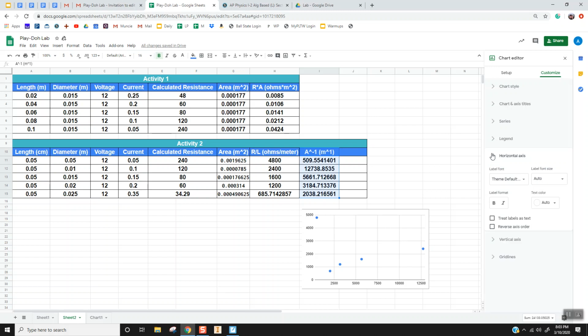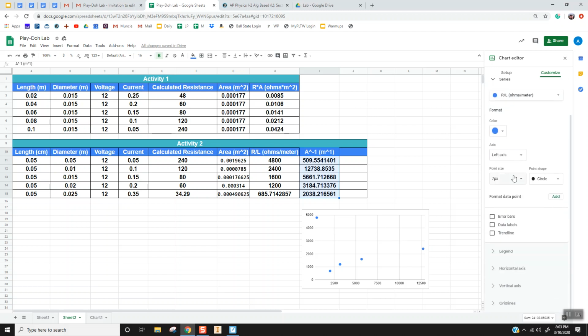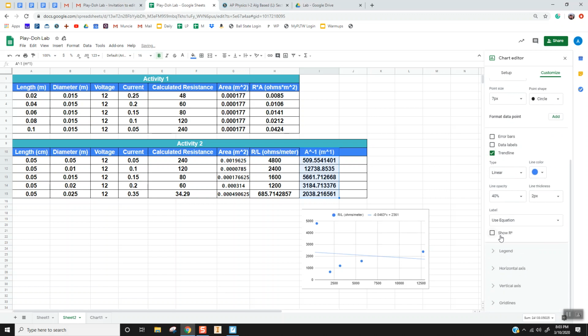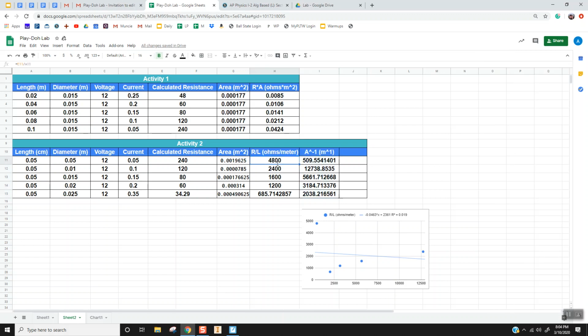I'm going to do series, trend line, use equation, and show the R² value here, which is dangerously low. I'm going to double check some of my numbers real quick.